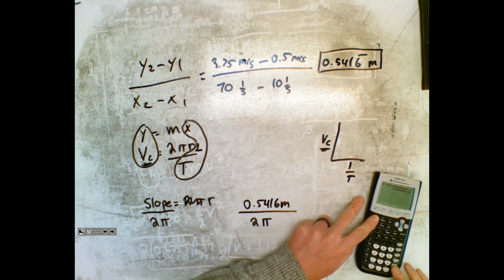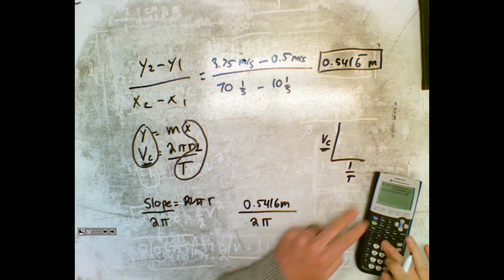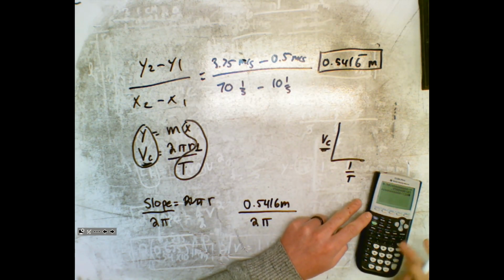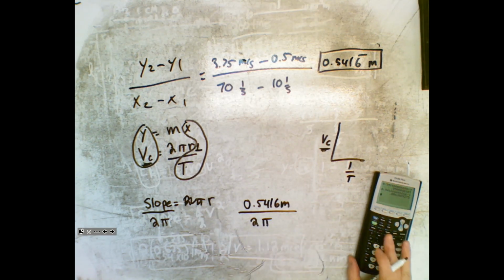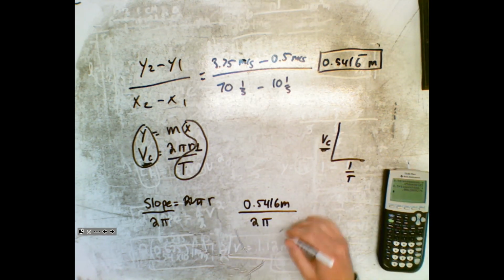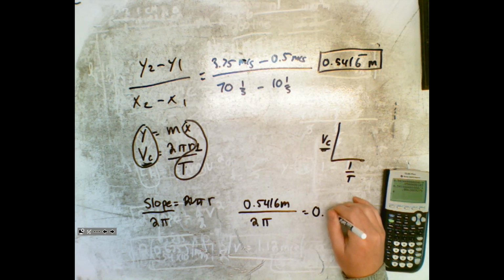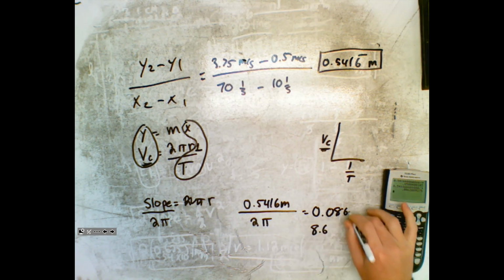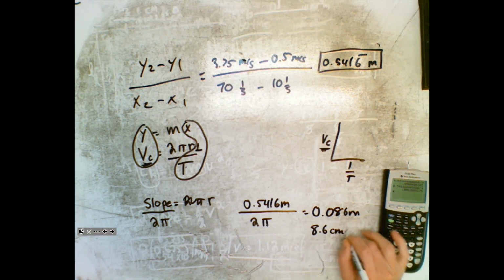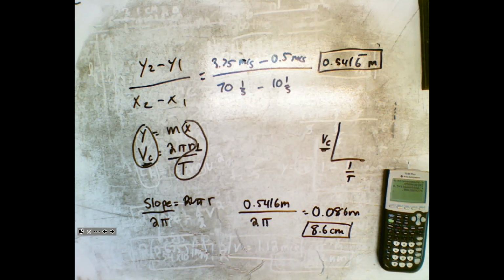Oops, what I didn't do, I didn't put brackets on the bottom. So we get 0.086 or 8.6, that's meters, or 8.6 centimeters. And that's how we get our radius from that.